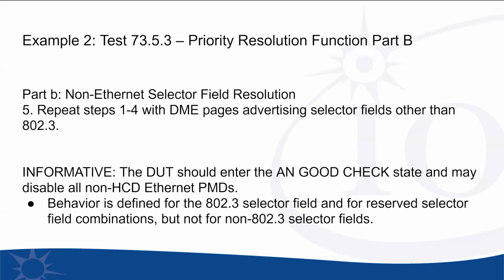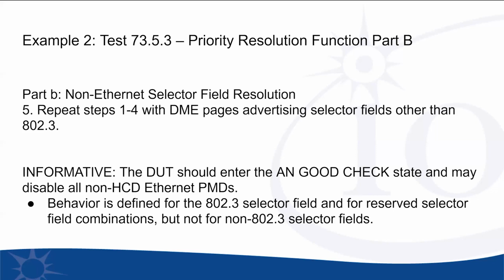Now for the Ethernet selector field, the one that is defined as Ethernet through the standard, that one obviously has a whole long line of things that we expect the device to do. That's kind of how we get to testing Ethernet. And there is also defined behavior for what happens if a device receives a reserved selector field combination. But the standard doesn't actually say what the device should do in the instance where it receives a defined selector field, but not the Ethernet defined selector field.